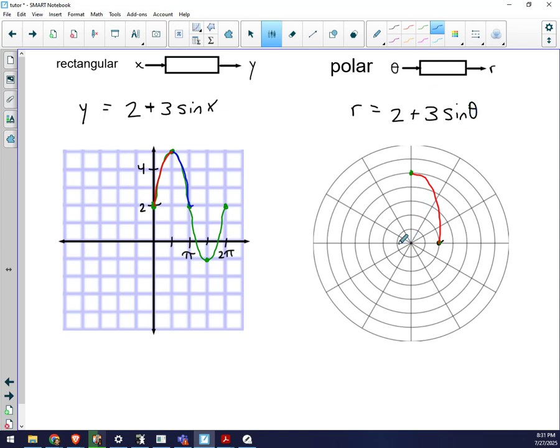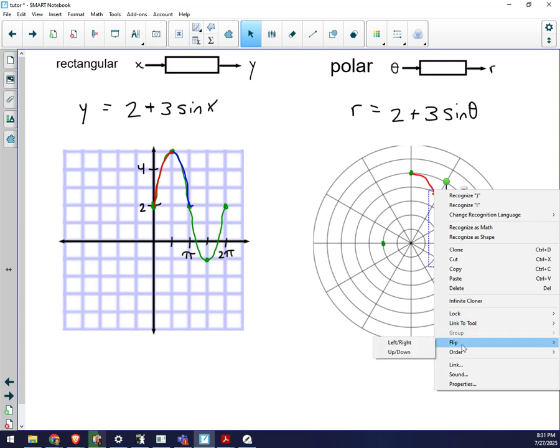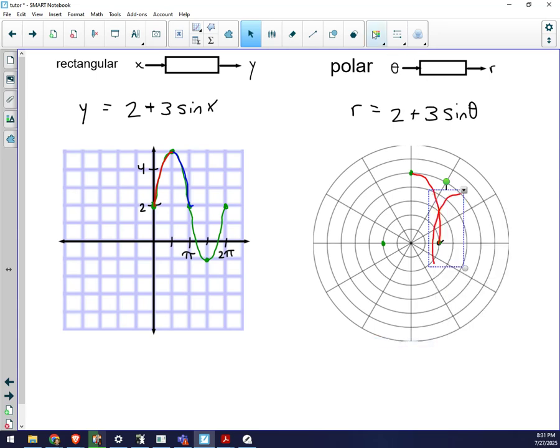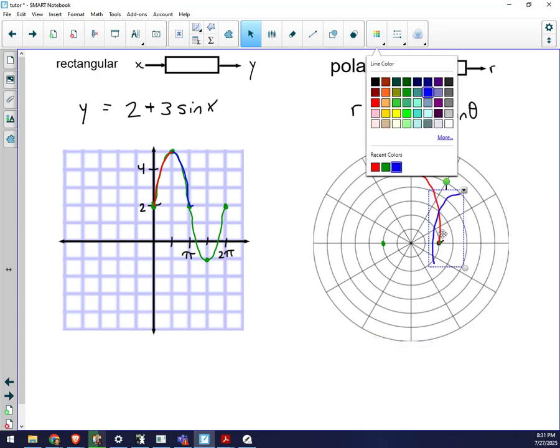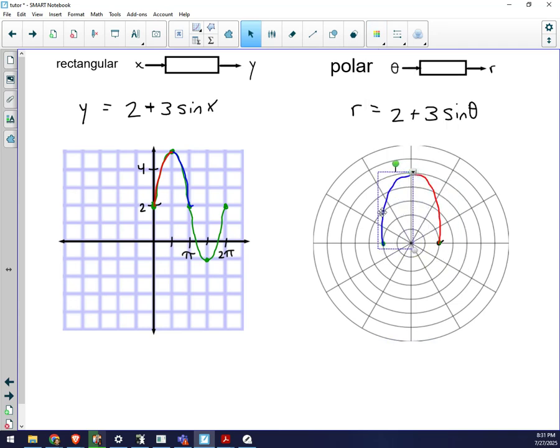So when theta equals pi, that's right here, we're going to have another point where r equals 2 again. So the radius increases out to 5 and then decreases back to 2.